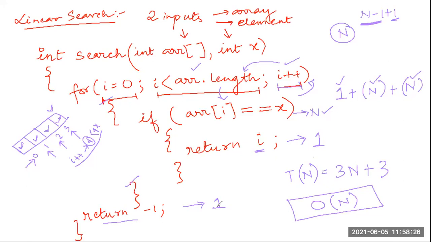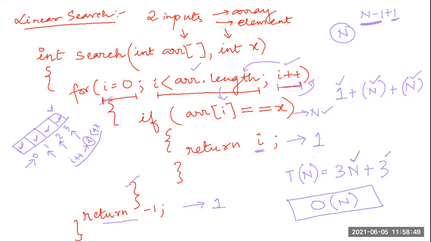So if I sum up all these things, 1 plus 1 plus 1 gives us 3 and n plus n plus n gives us 3n. We have already studied in asymptotic notations that we always take the dominant term, which affects the growth of the algorithm, and growth of algorithms is always in terms of n.